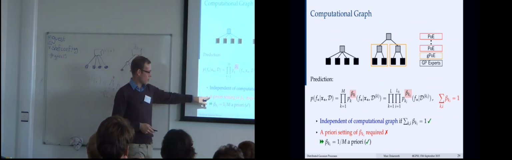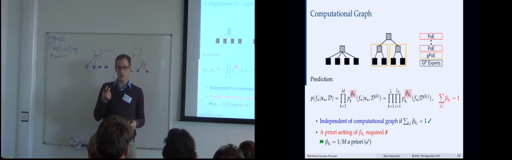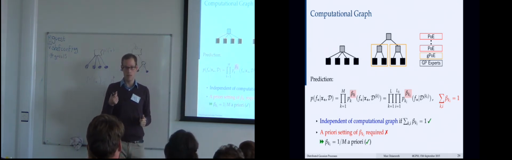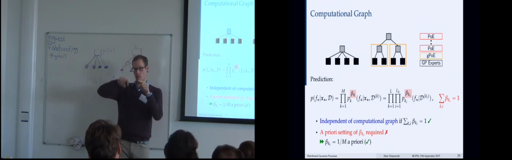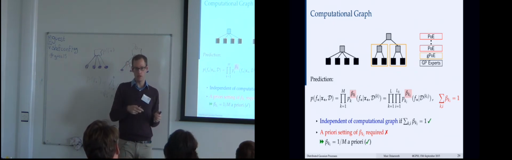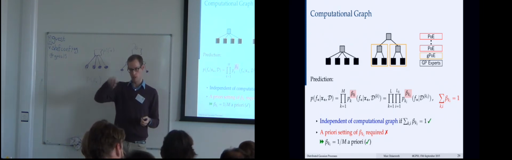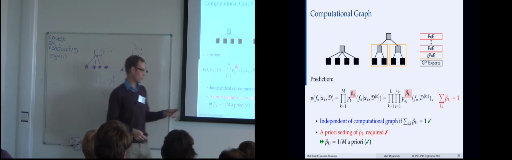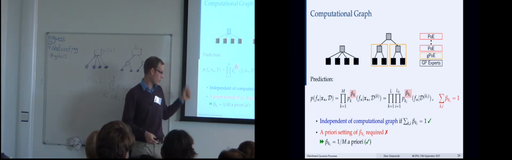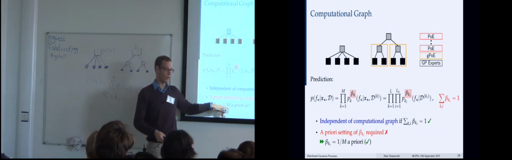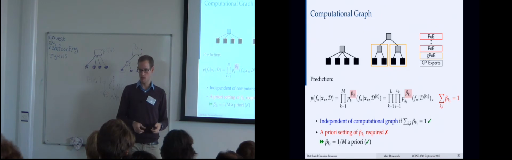So there's an issue with this, because ideally we need an a priori setting of the beta k values. Otherwise you would need to send messages around where beta 1 tells beta 2 what its current value is, and beta 2 adapts to this. So you have a lot of traffic there. So you need an a priori setting to avoid this, and one of them would be just to set it to 1 over m, where m is the number of experts.